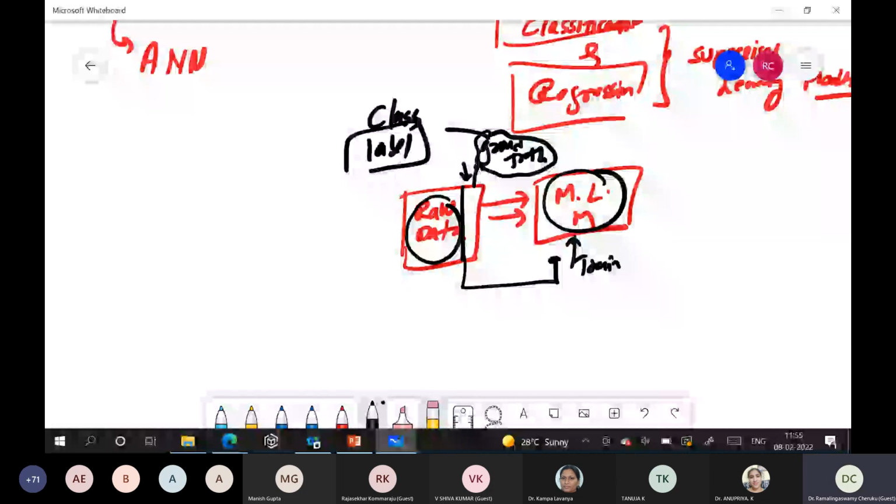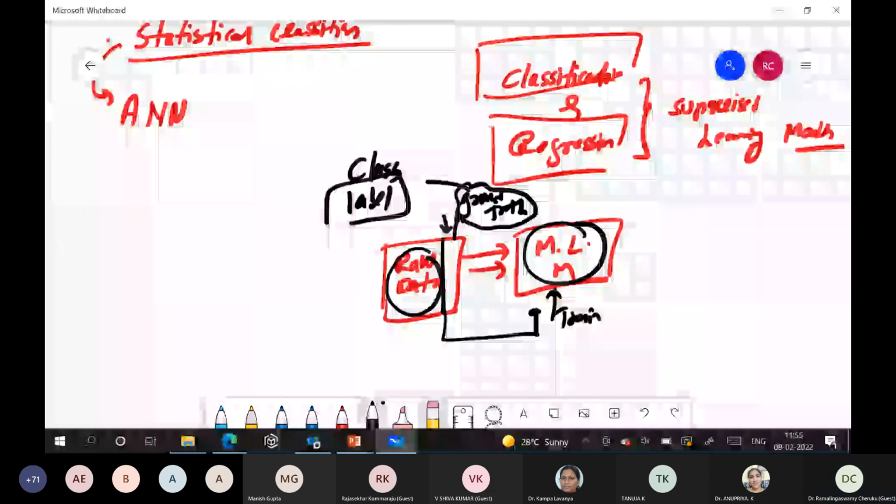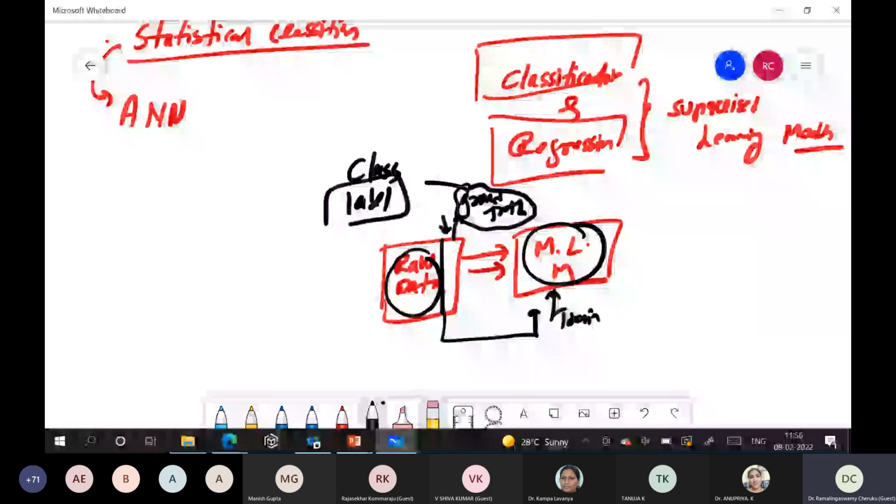Suppose you are touching a ball, and you touch the wrong thing; your mother would instruct you, that is not the ball, this is the ball. That is guidance, some ground truth information. That's why models developed on the basis of ground truth information are called supervised models, and classifiers all come under this category.